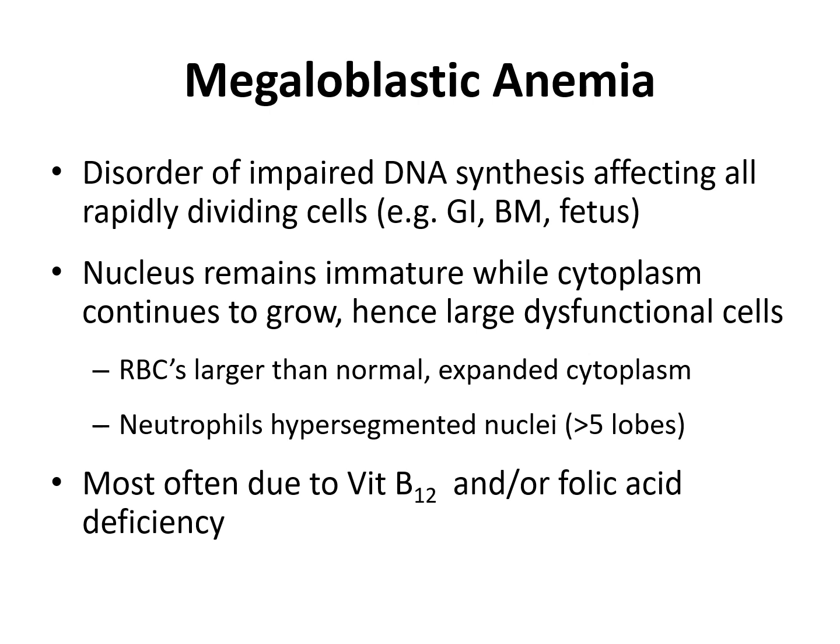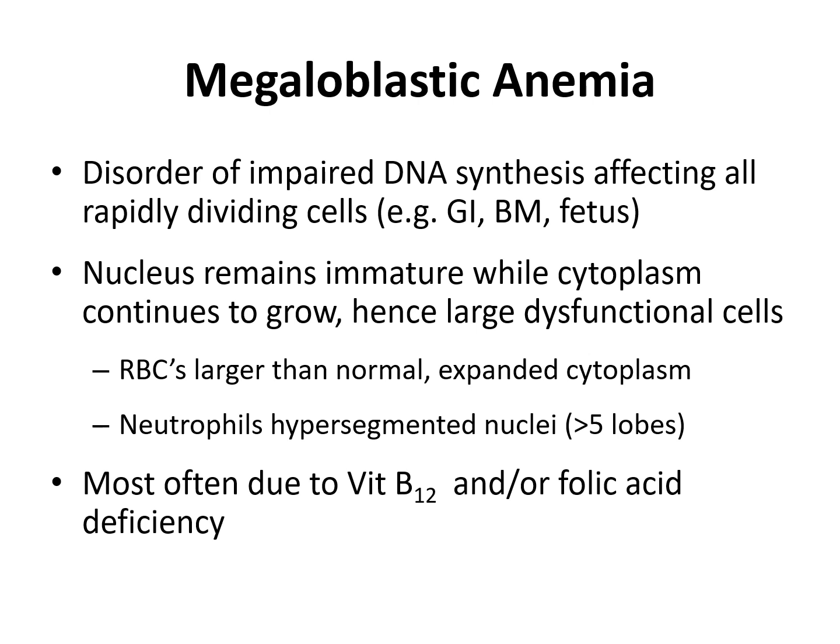As we said, this is a disorder of impaired DNA synthesis, and it doesn't only affect the RBCs, but also other cells in the bone marrow itself and in other sites in the body. So what happens? The interference with DNA synthesis results in a delay in the maturation of the nucleus, while the cytoplasm continues to grow. As a result, you get these large and frequently dysfunctional cells.